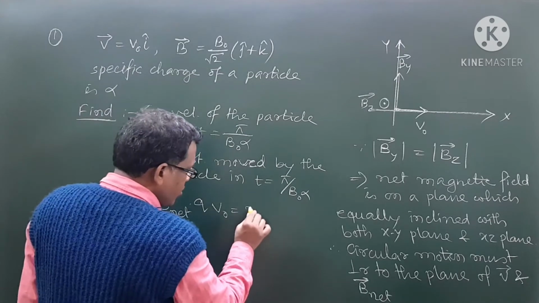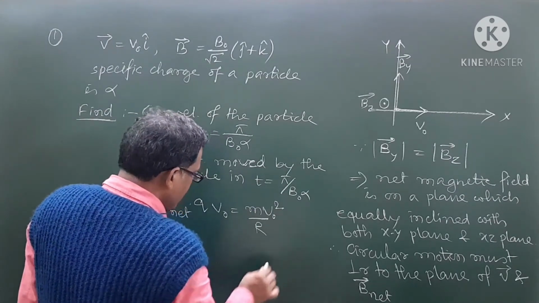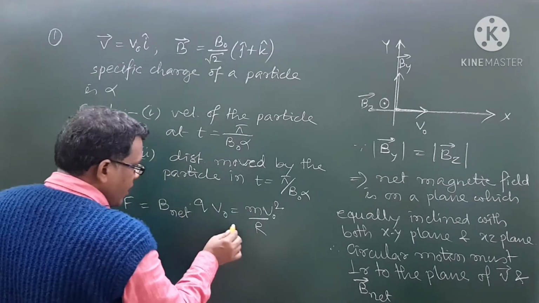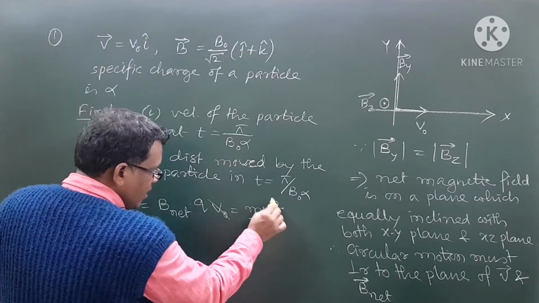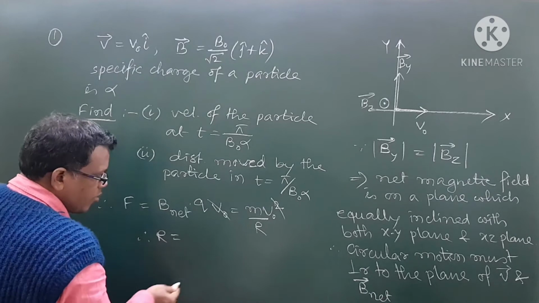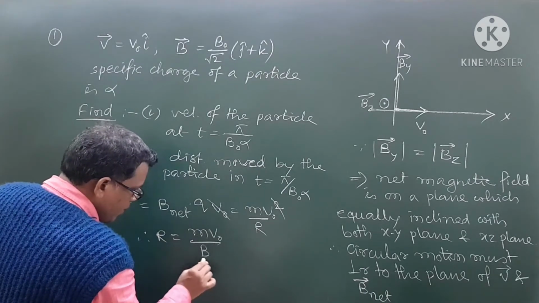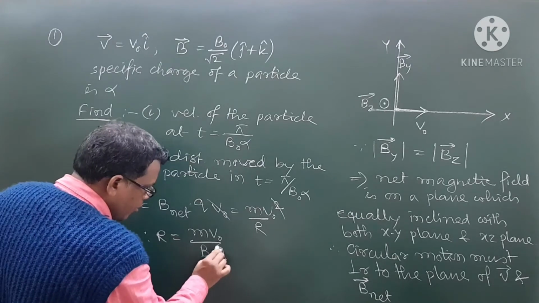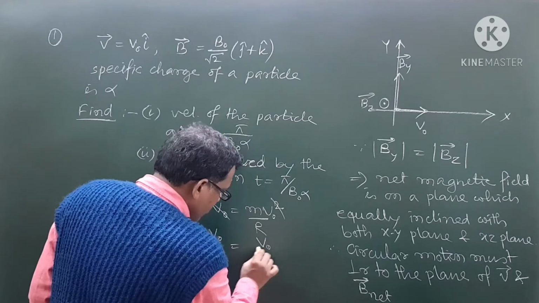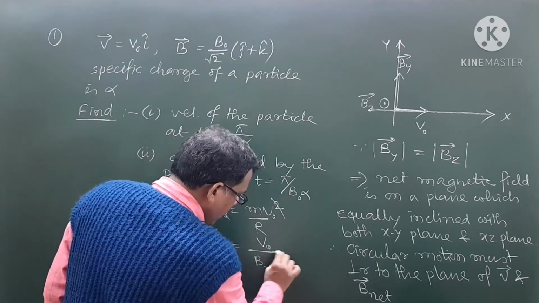This is going to be m v naught square by r. So we can cancel this v naught, therefore r will be equal to m v naught by B net into Q. We know that Q by m is alpha, so it is v naught by B net into alpha. Got my point?